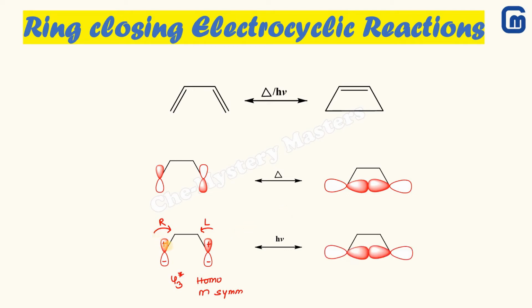This positive lobe will go inside and the negative lobe will go outside. For the right hand side orbital, the positive lobe will go inside and the negative lobe will come outside to give you the bonding type of interaction. And when this bonding interaction happens, the reaction gets completed, or the cyclic structure is formed.